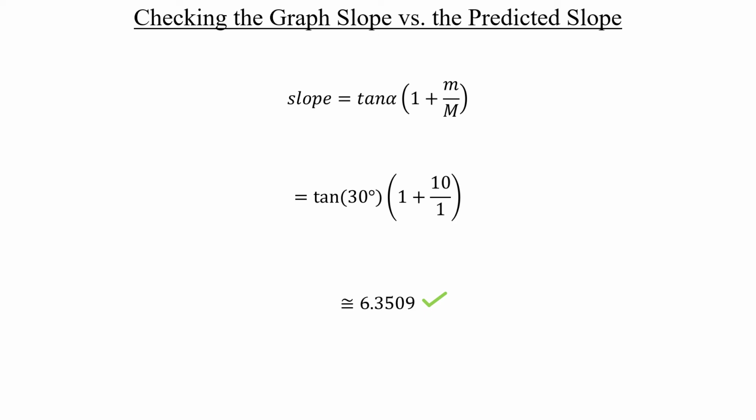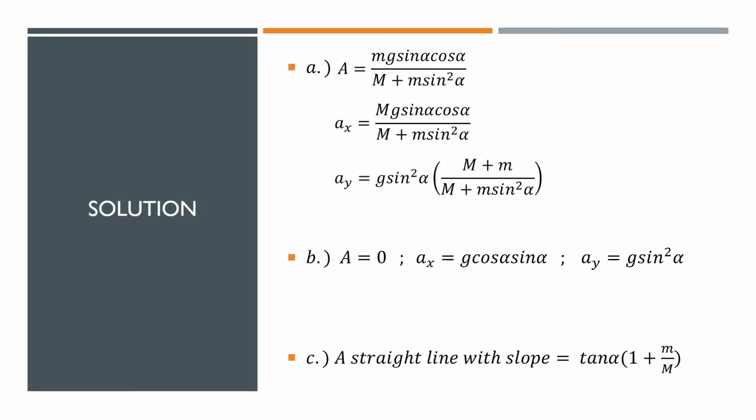Let's recap on the solution card. We saw that in part A, our capital A acceleration, which was the acceleration of the wedge, had this value pointing to the left. When we investigated the block, we found these results for our acceleration components using the positive direction pointing down the ramp.